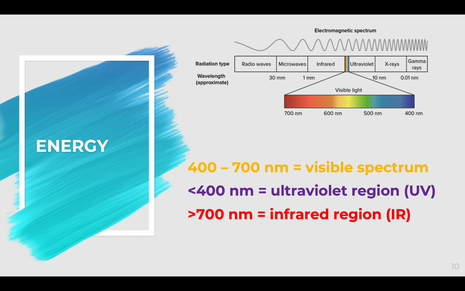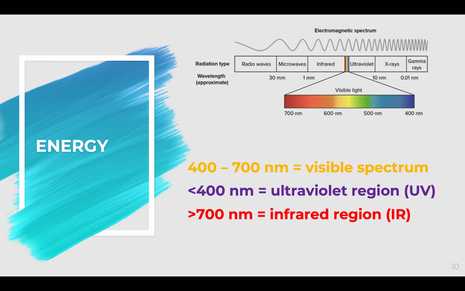If the wavelength is 400 to 700 nanometers, that is your visible light or visible spectrum. On the other hand, if it is less than 400, we call that the ultraviolet region. And if it is greater than 700 nanometers, that is now your infrared region.